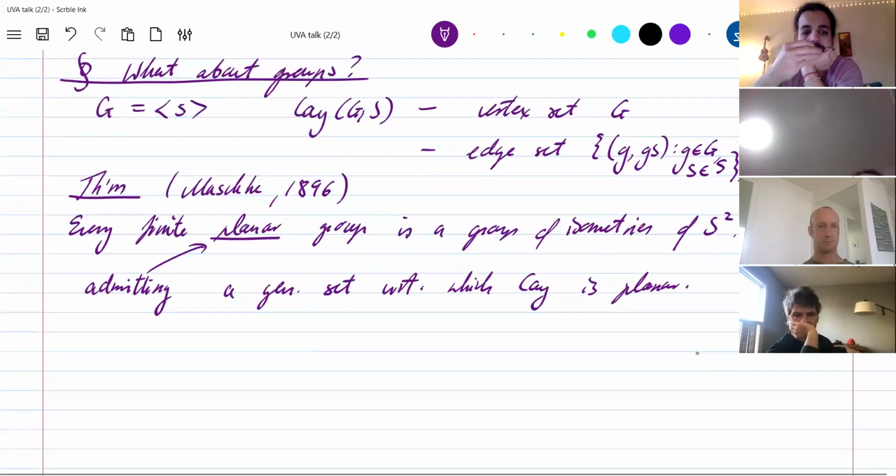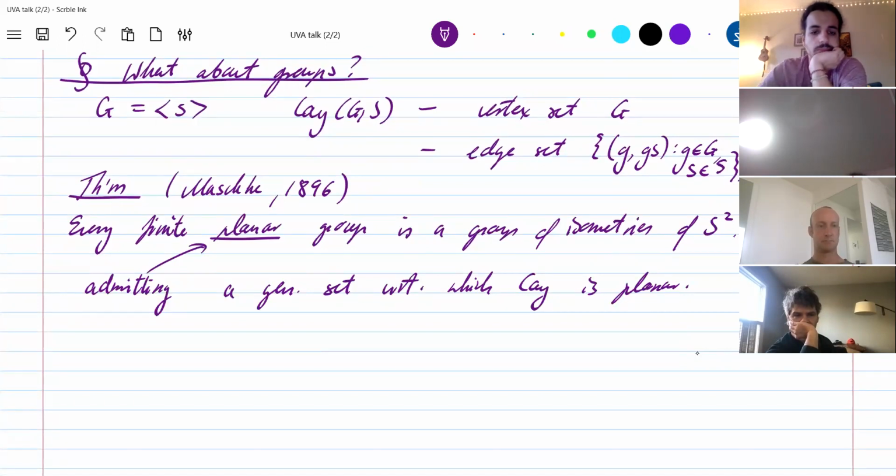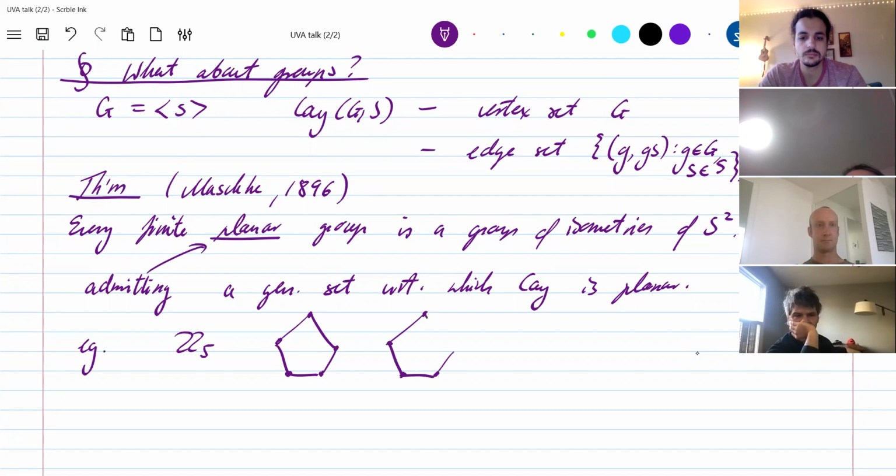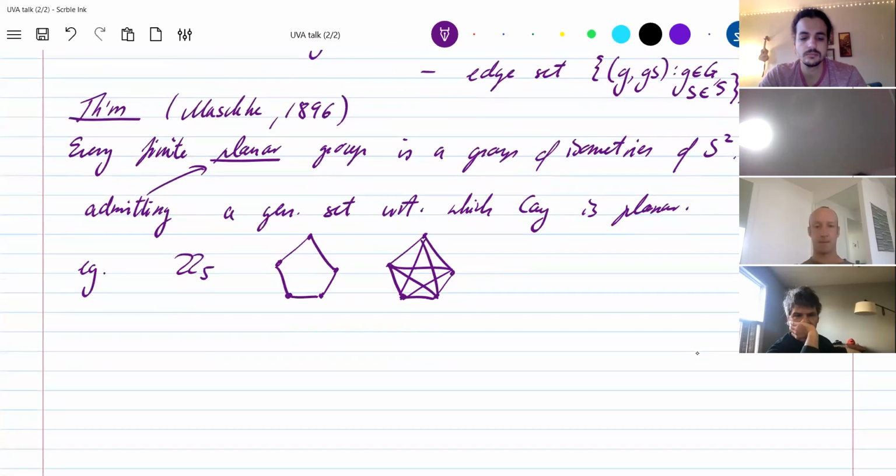Because, as might be quite clear, planarity will be a property that depends really on the choice of generating set for the group. So for example, if we take Z mod 5, then we could take the classic generating set and get this graph, but we could also take the whole group as the generating set. And so we're going to get K_5 here, which is obviously non-planar. So we really need to choose a nice generating set in order for this to work.